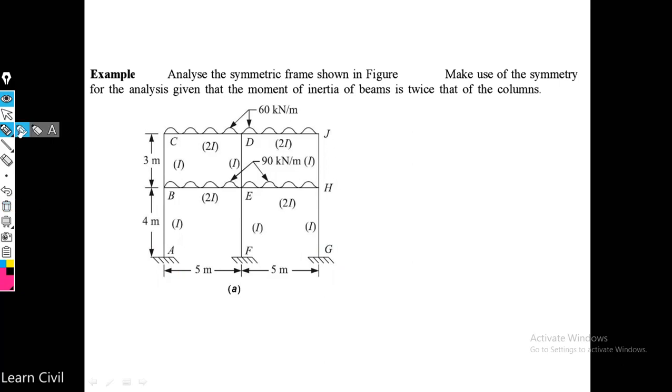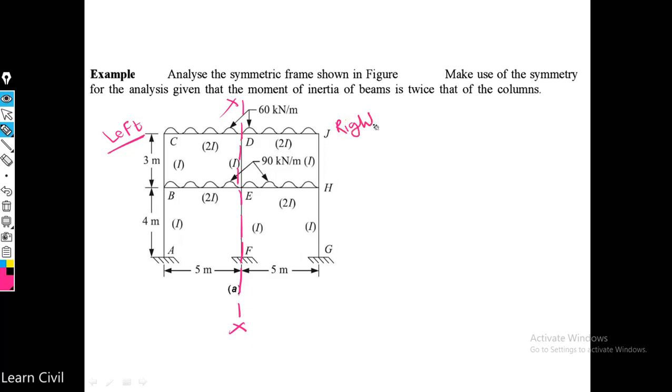At the same time, you can see here, if we draw one central line, let us consider this line is XX, then the left portion of this particular frame on the central line is a replica of the right portion.